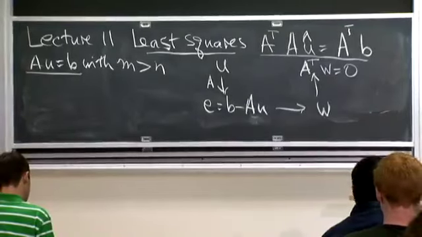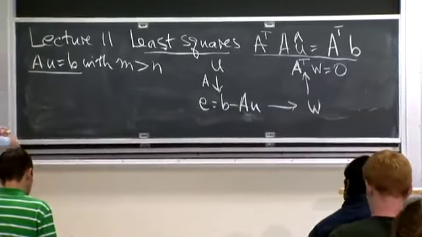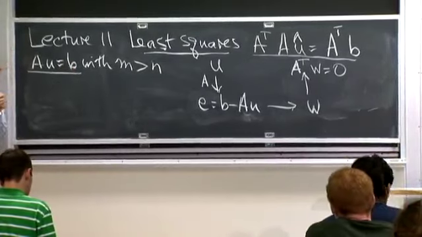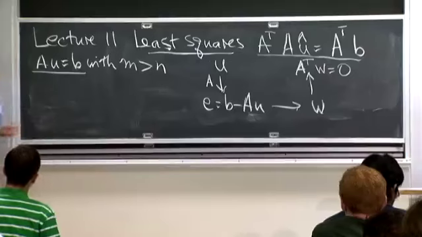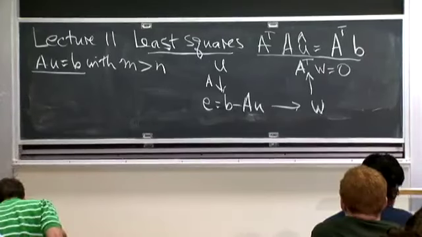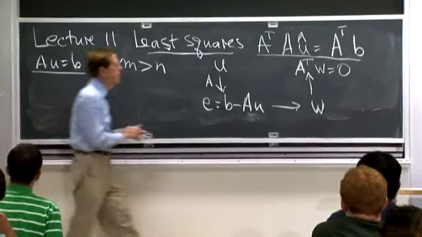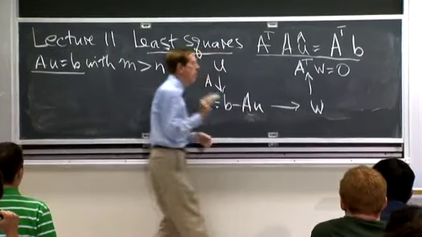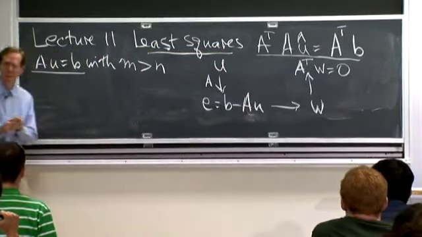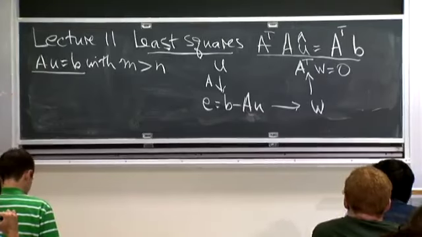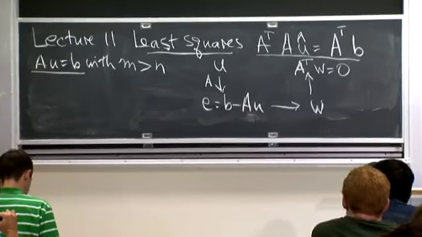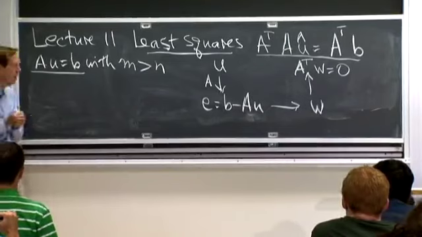Right, you remember the setup. We have too many equations. There's noise in the measurements, and we can't get the error down to 0. There's some error. And the best U was given by that equation, and we want to say why and understand it from two or three ways: calculus, geometry, everything.